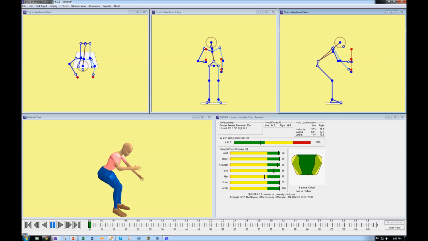And you will see that the mannequin in the bottom left-hand corner moves with respect to what I'm doing in the stick figure up in the top right. This allows you to move the mannequin in front to back, or fore and aft, position.